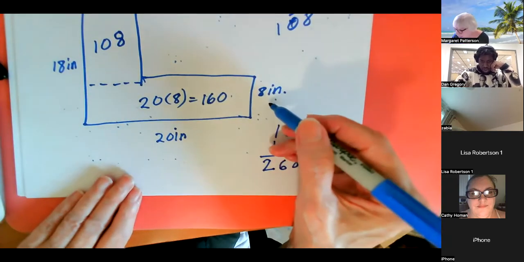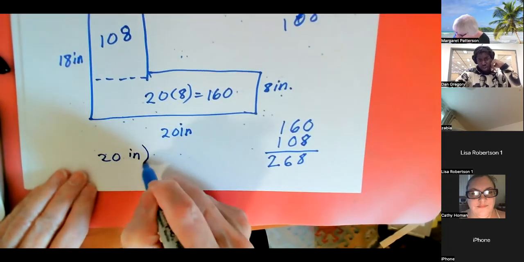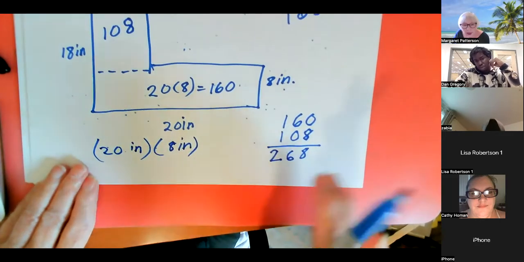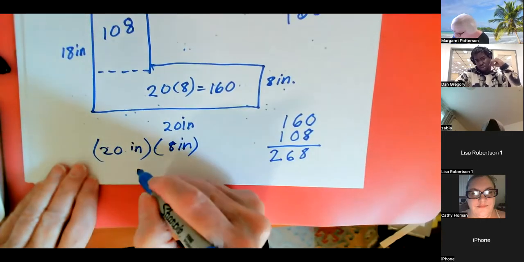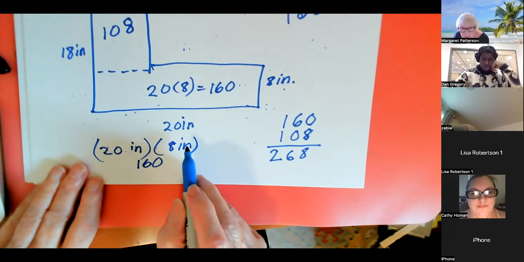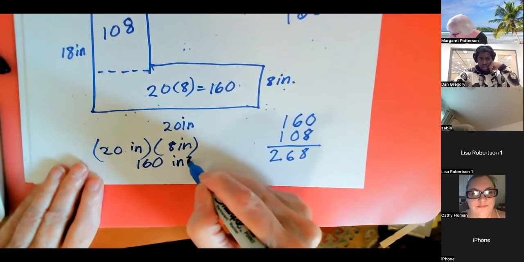So now the question is, what's the correct unit? Now, I gave it in inches. So this would have been 20 inches multiplied by 8 inches. So 20 times 8 was 160. But what is inch times inch? Inches squared.